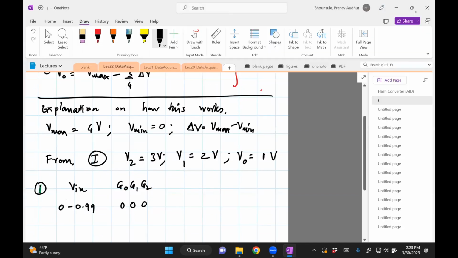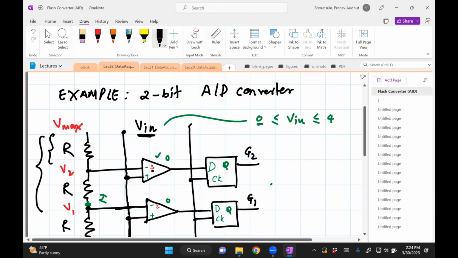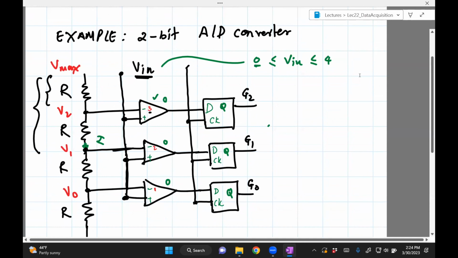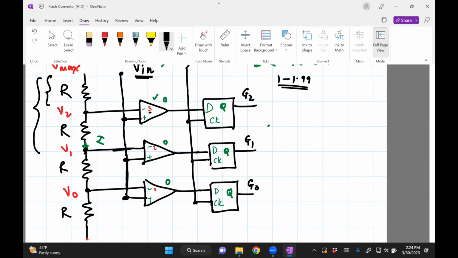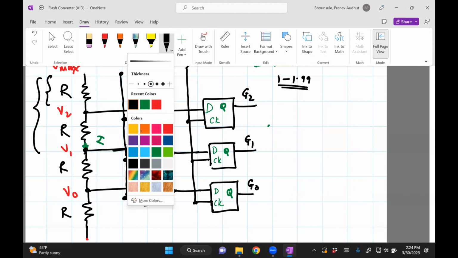Next, let's see what happens if we input anything between 1 and 1.99. Let's take a value of 1.5, for example.